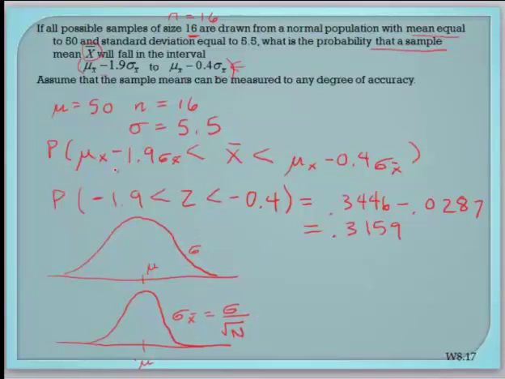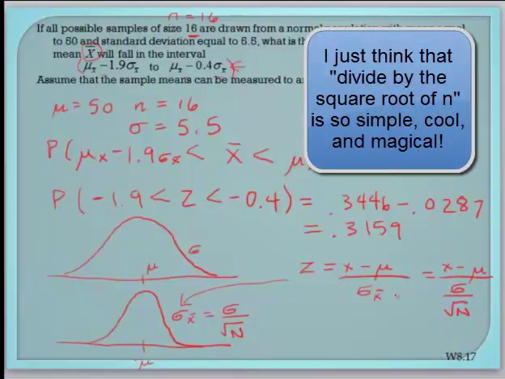So when we calculate these z values, we have to plug into our usual formula. Z is equal to x minus mu over sigma, but in this case it's sigma x bar, because this is the distribution we're dealing with. That's the same as x minus mu over sigma divided by the square root of n. So now we plug our z's in.